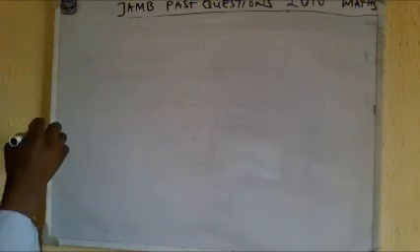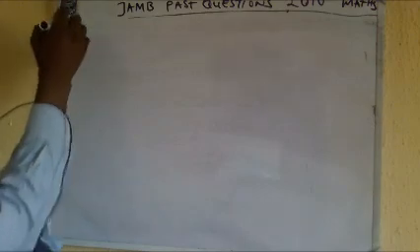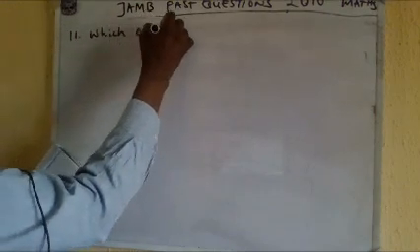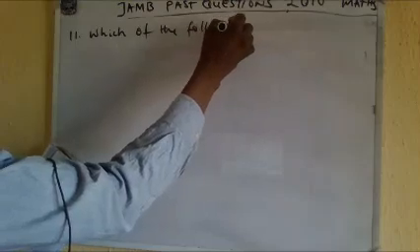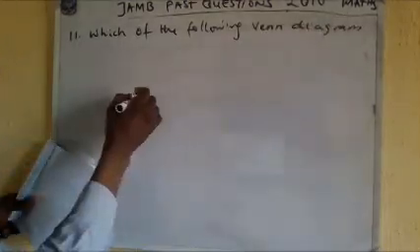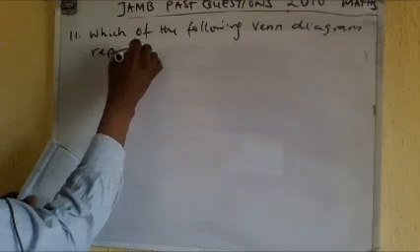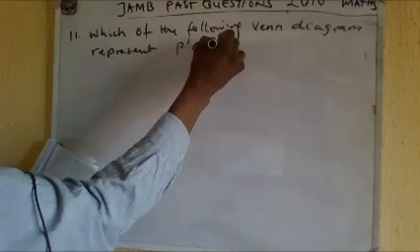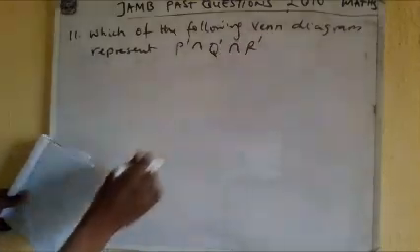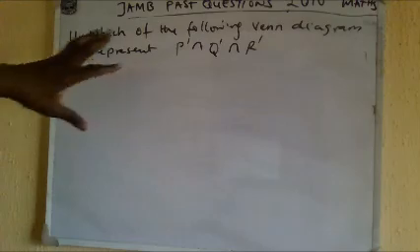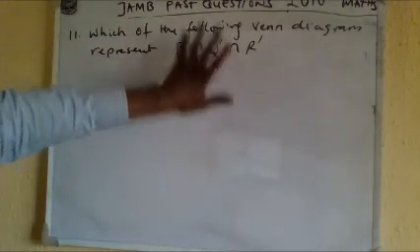It says, which of the following Venn diagrams represents P prime intersects Q prime intersects R prime. Now in this question, they gave options for the different Venn diagrams, you understand? But I'm going to go ahead and just analyze this and draw the Venn diagram.